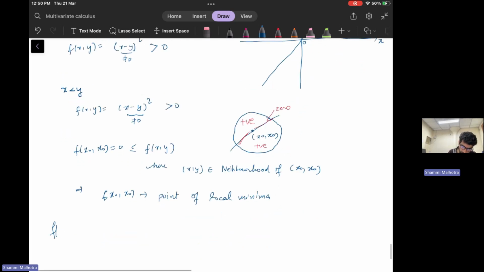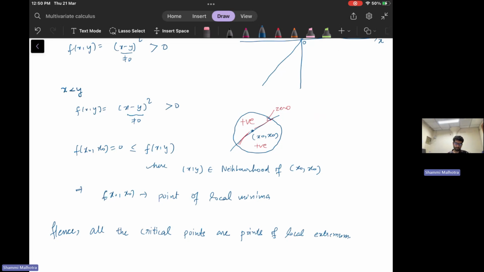So hence all the critical points are points of local minima.